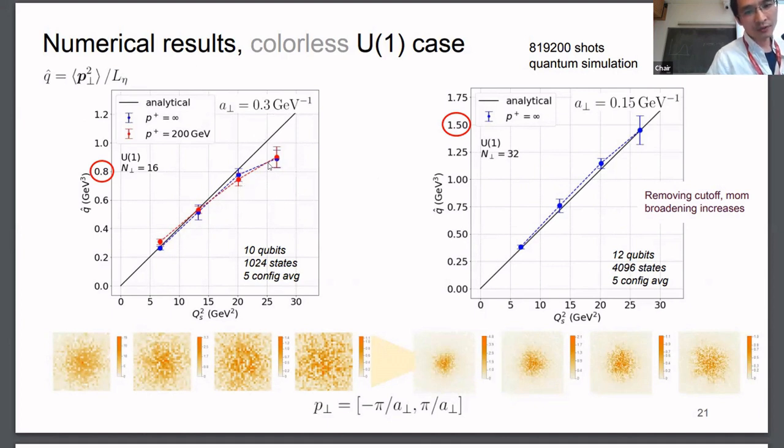And for the smaller grid, you see the lattice effect at the end. That's expected. And by removing this cutoff, you can see the momentum broadening increases. That's understood. I also show the 2D momentum space probability distribution down below for each of the 4 points here.